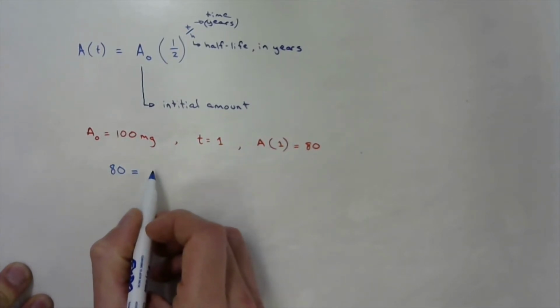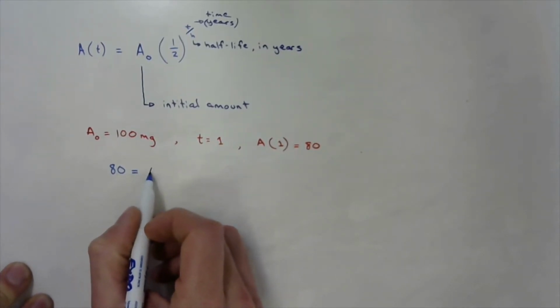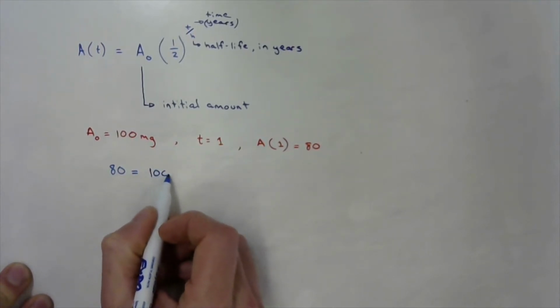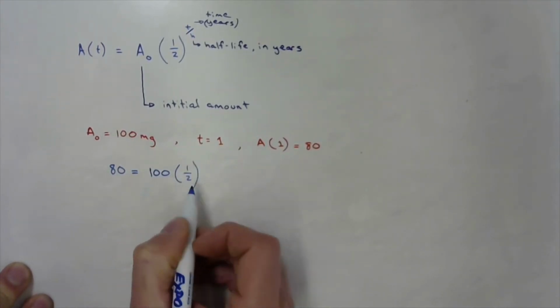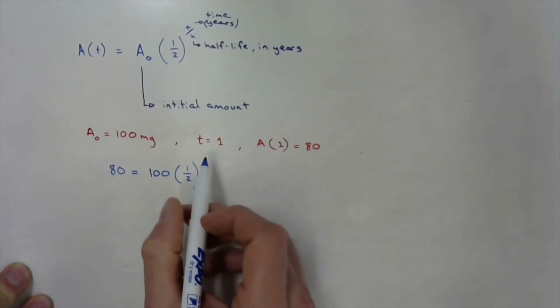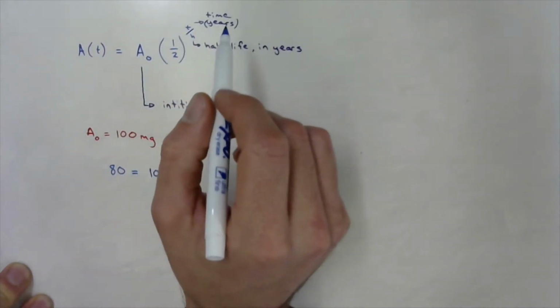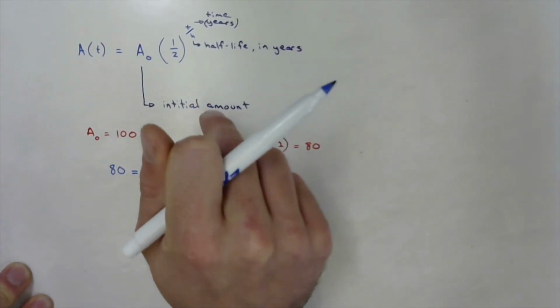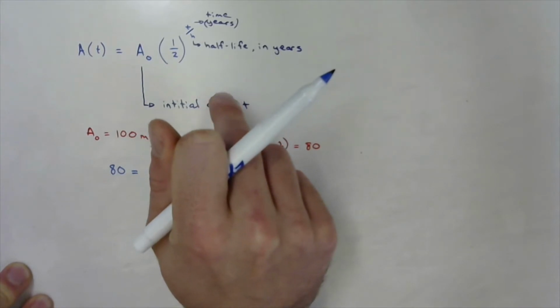80 is equal to the original amount, which we also have, times 1/2 to the power of T over H. I'm just trying to connect why I have it measured in years.